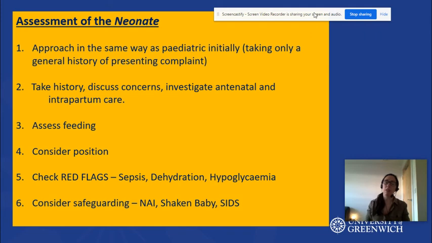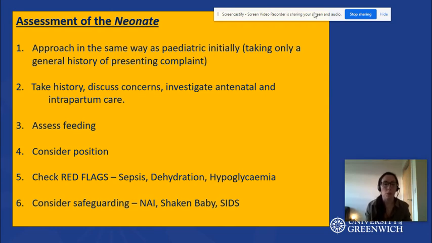I must say that infections up to 28 days old tend to be really severe. They don't tend to get little minor coughs and colds. So any infections that you do see in this age group, please take seriously and think about sepsis.